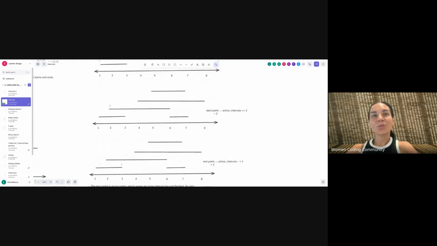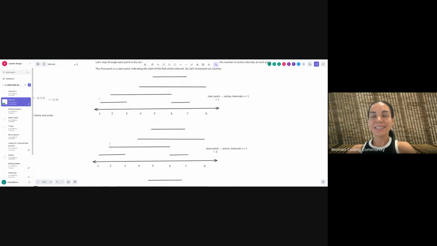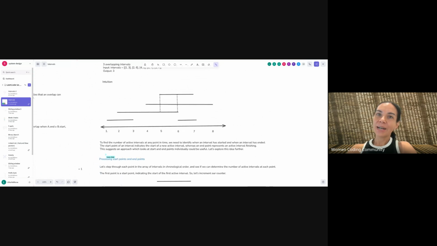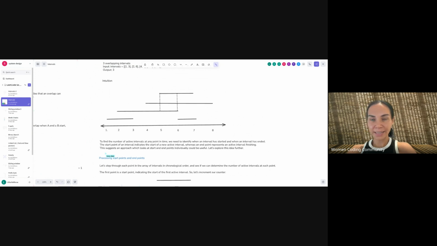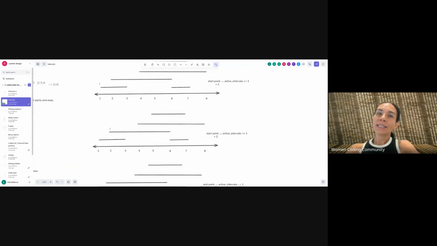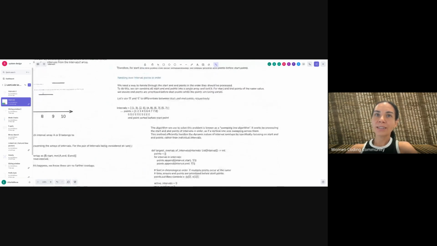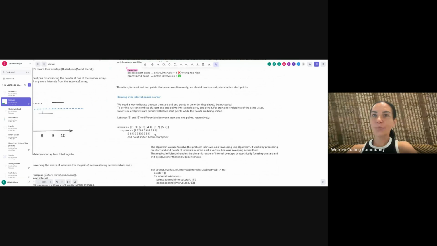I'm thinking about the idea of this task. In this task, you anyway need to sort by start and by end. But this is a specific algorithm which is called the sweeping line algorithm.